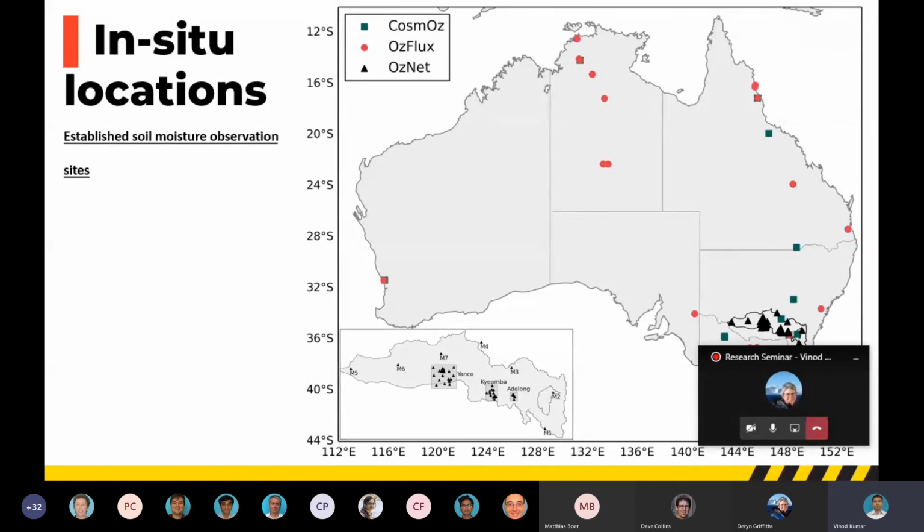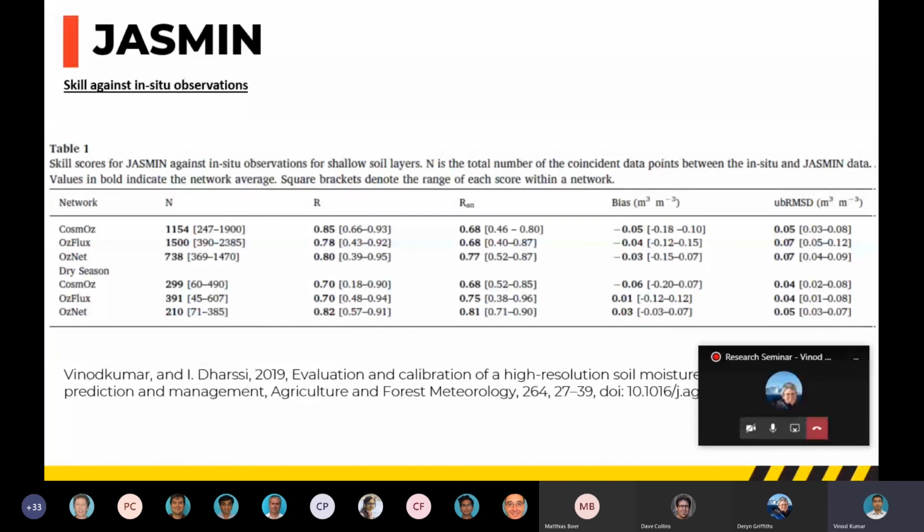OzFlux, COSMOS, and OzNet are 3 well-known soil moisture networks in Australia, and in total they comprise about 60 sites. The reason we selected these sites is that we know JASMIN has pretty good skill over them, as we did a fair bit of verification and evaluation of JASMIN over these sites.